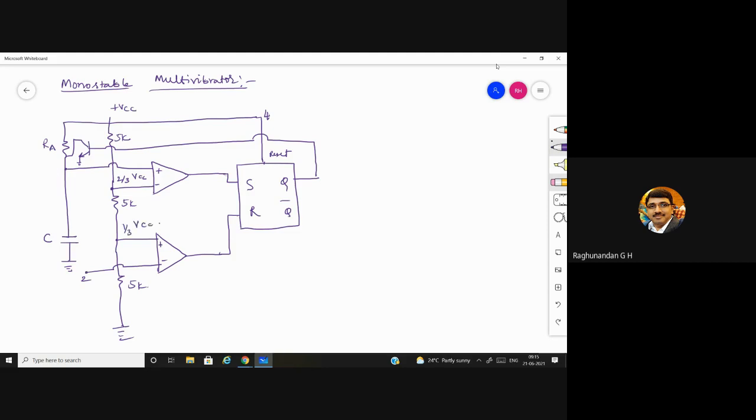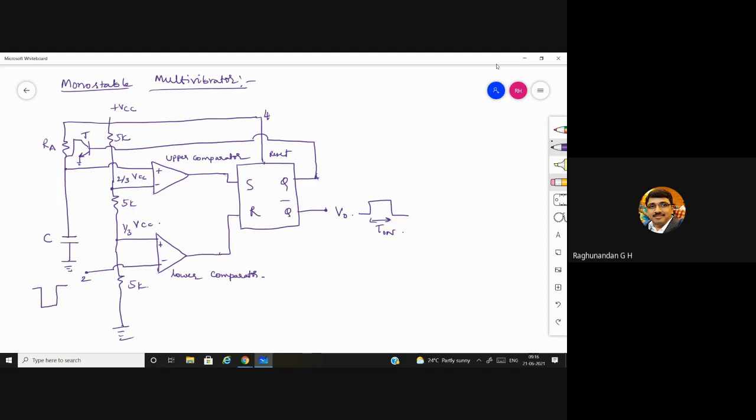At pin number 2, we give the triggering pulse. We call this the upper comparator and this the lower comparator. Q bar is the output, with the T on time, and this is the transistor T.